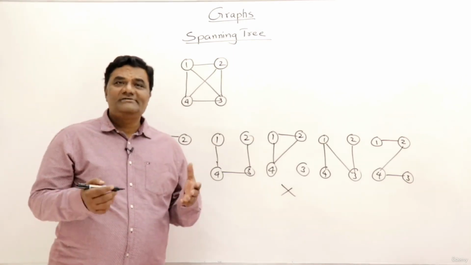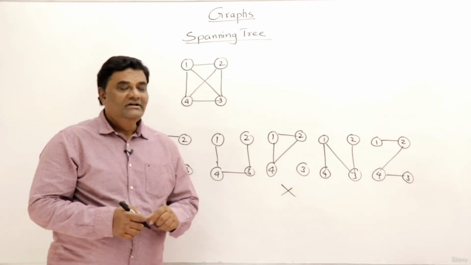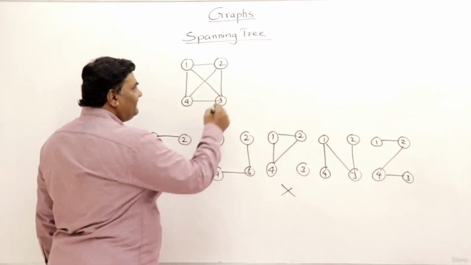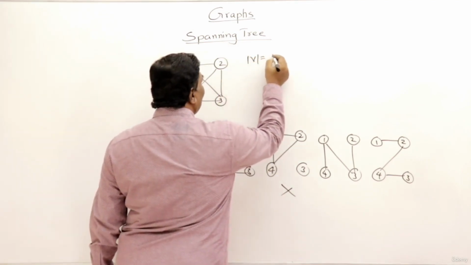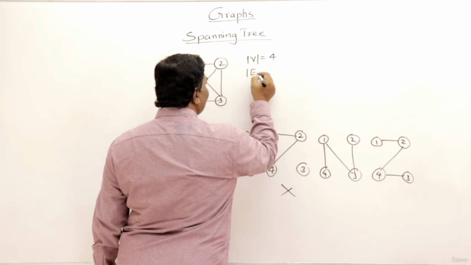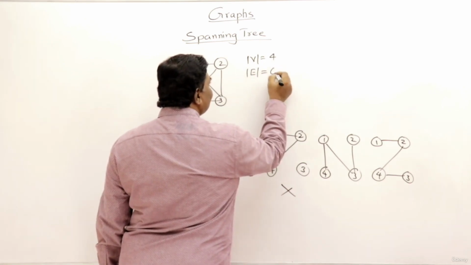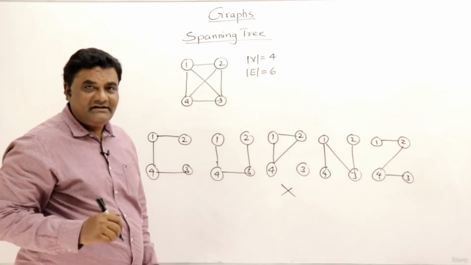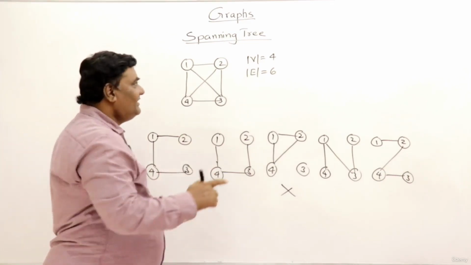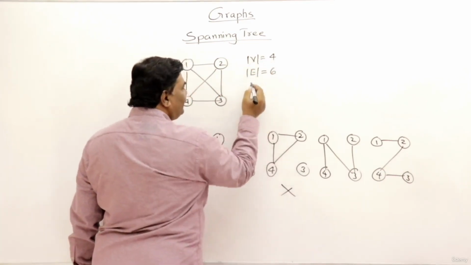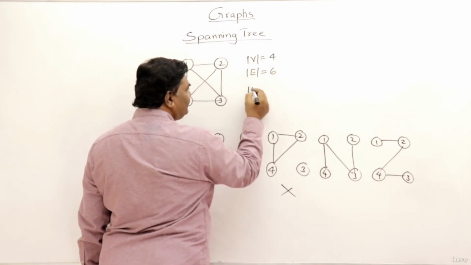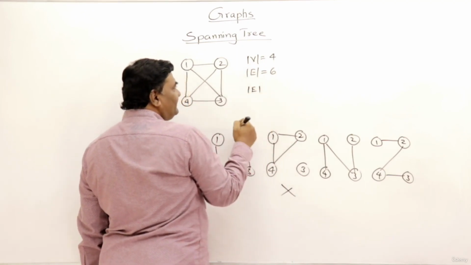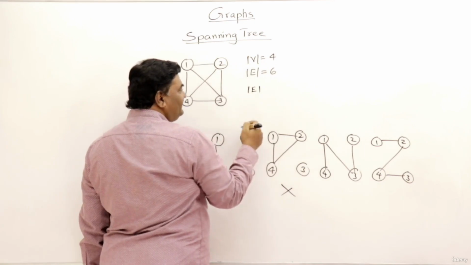Can we calculate how many spanning trees are possible for a graph? Let us see. How many vertices are there? 4 vertices. Then how many edges are there? 6 edges. Then for 4 vertices, how many edges must be there? Just 3 edges, meaning 4 minus 1. So from the set of edges, I should select 4 minus 1 edges.